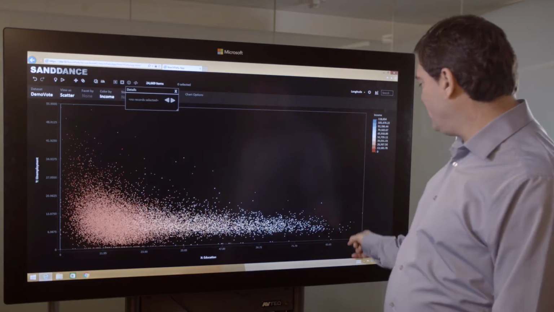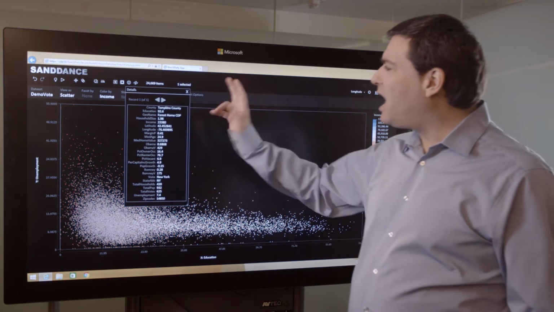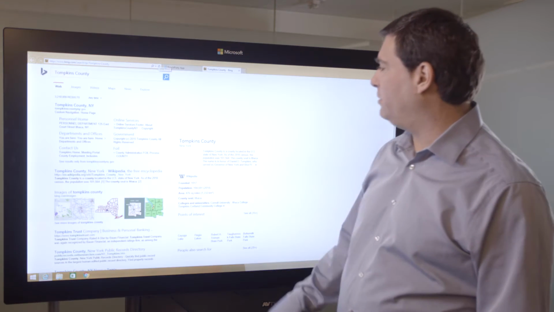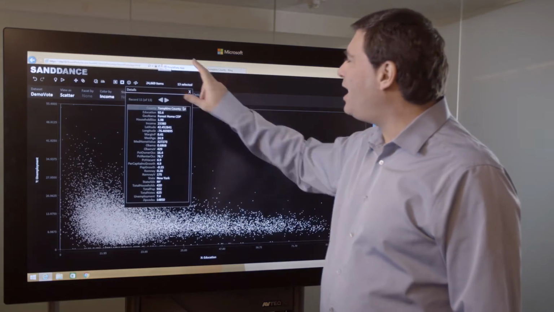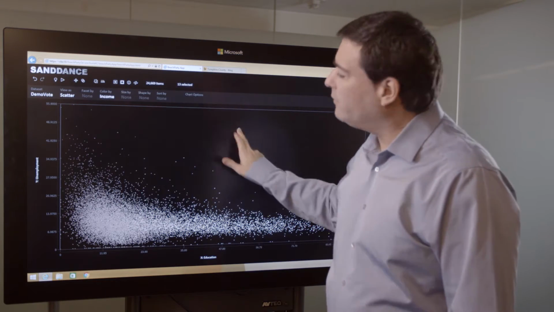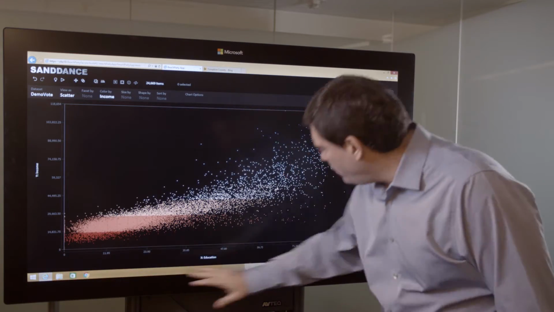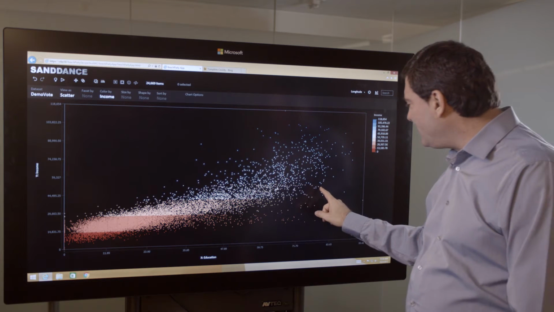Well, one point doesn't a pattern make, but here's another point. Let's take a look at that. That's Tompkins County, Forest Home. Where is Tompkins County? Well, I can click on it and just look it up in Bing and find out that that's the home of Cornell. So now I'm starting to see a pattern. If I switch this to income, again, the more education you have, the further up you go on the income ladder, except these places down here.